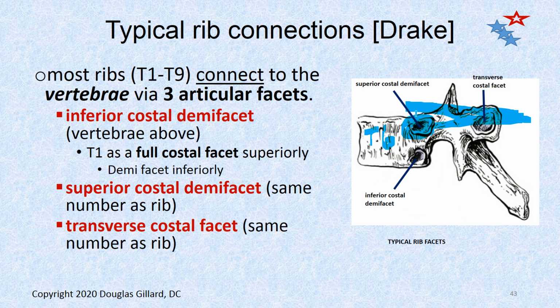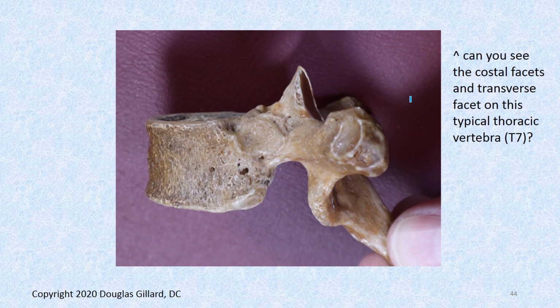I think I've got a slide. We'll go up above and show you. But the transverse costal facet also has the same number rib connected. So it's really easy. Whenever you look at that or that and wonder which rib it is, all you have to do is know the name of that vertebra, and that tells you which rib it is. It does connect to the bone above too, which makes it sometimes confusing.